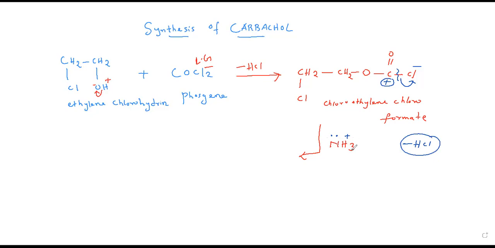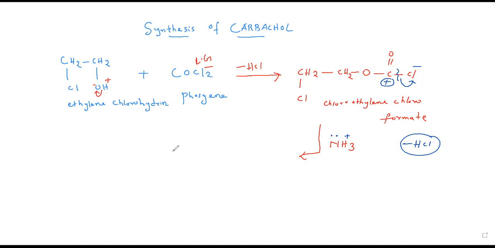If you remove one hydrogen atom, you get NH2. This NH2 will bind with the carbon atom, because nitrogen already has a lone pair of electrons. If you donate these lone pair of electrons to carbon, there will be a new bond formation between the carbon atom and the nitrogen.